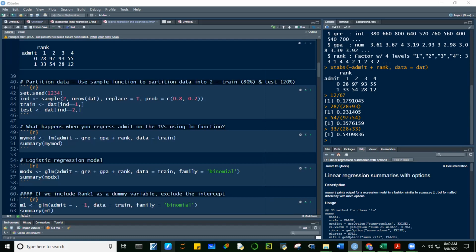All right, so I'm going to teach you a skill that is really used in practice in data science. What we do is we don't really use all our data set.